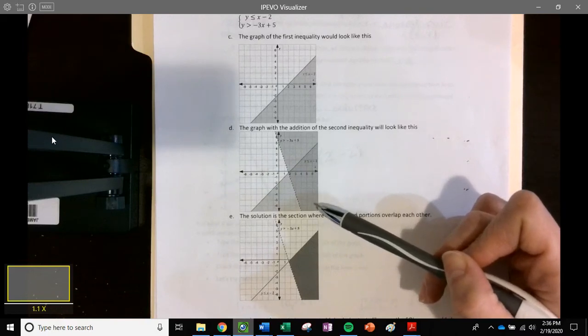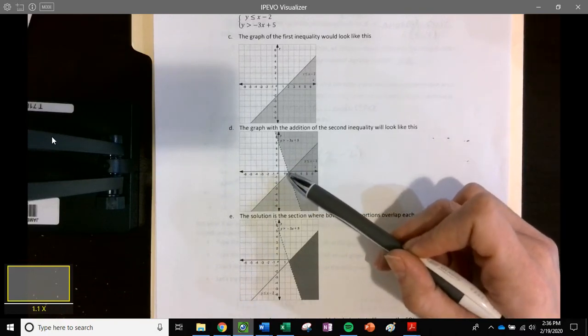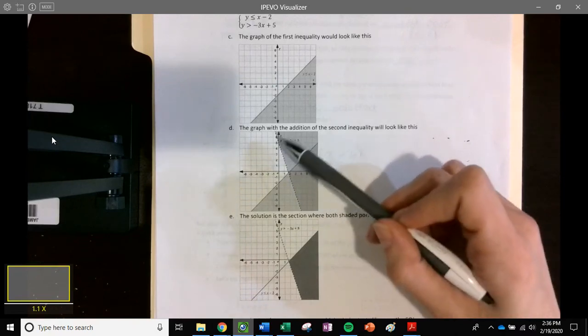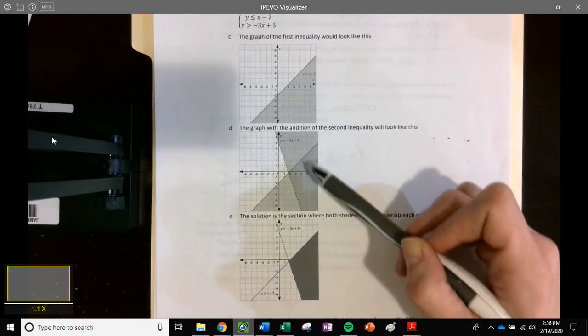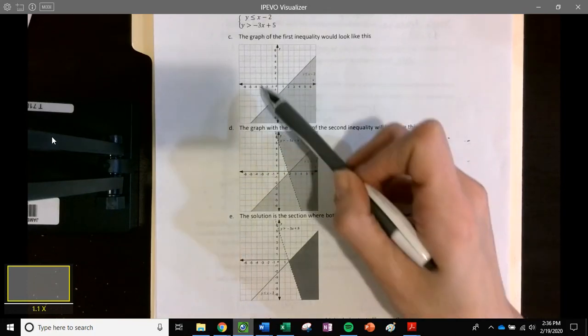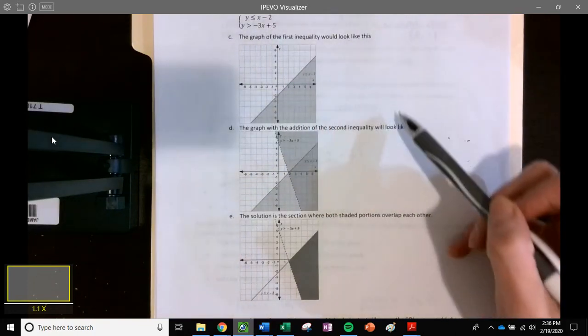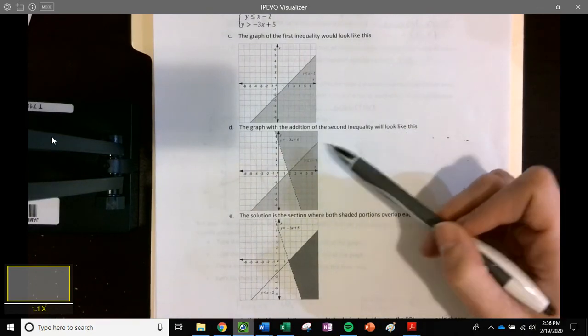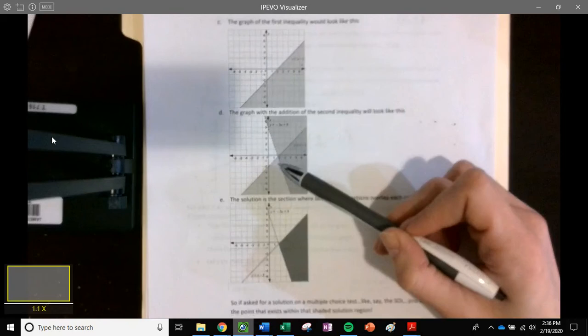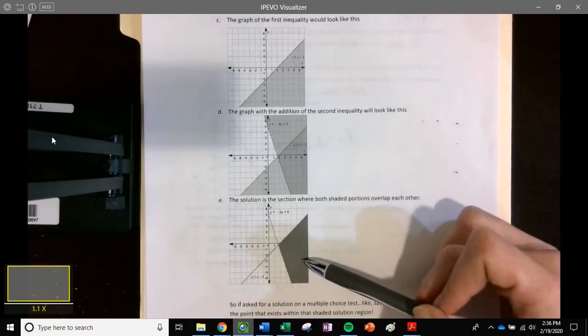If it was less than, then it would be the values below it. But since it's greater than, it's all of these values above. And that just means that any of the values within this shaded region would satisfy y is greater than negative 3x plus 5.